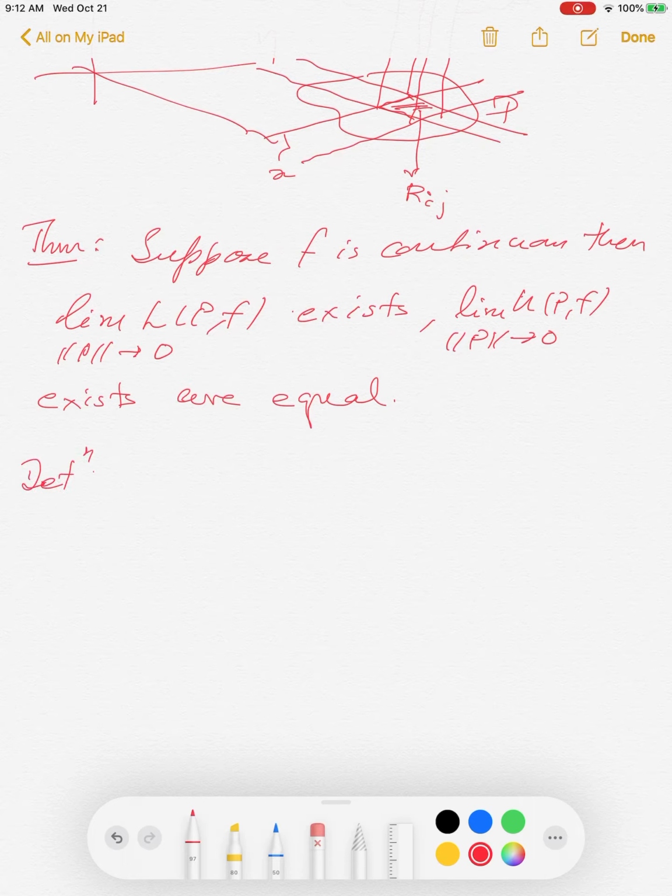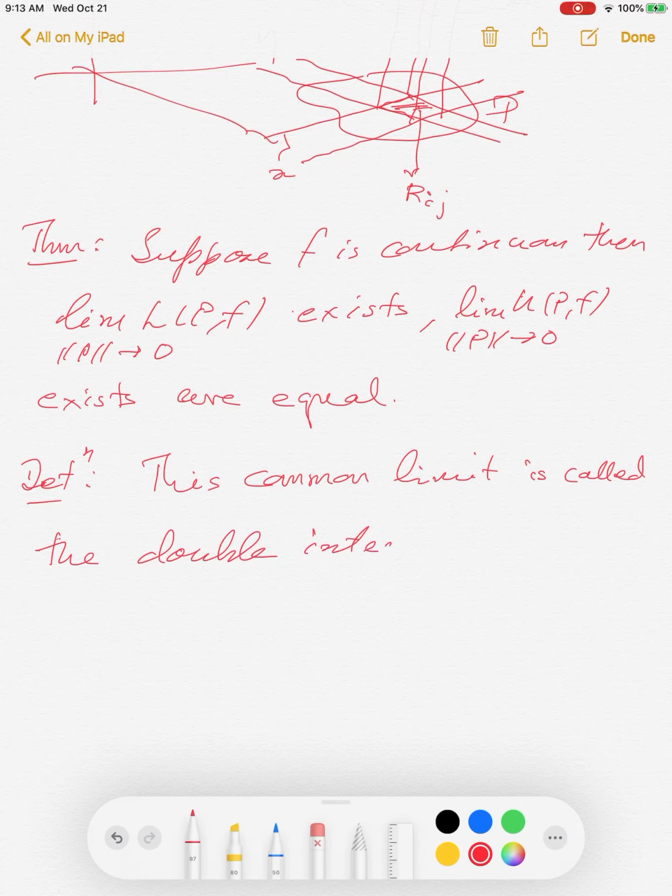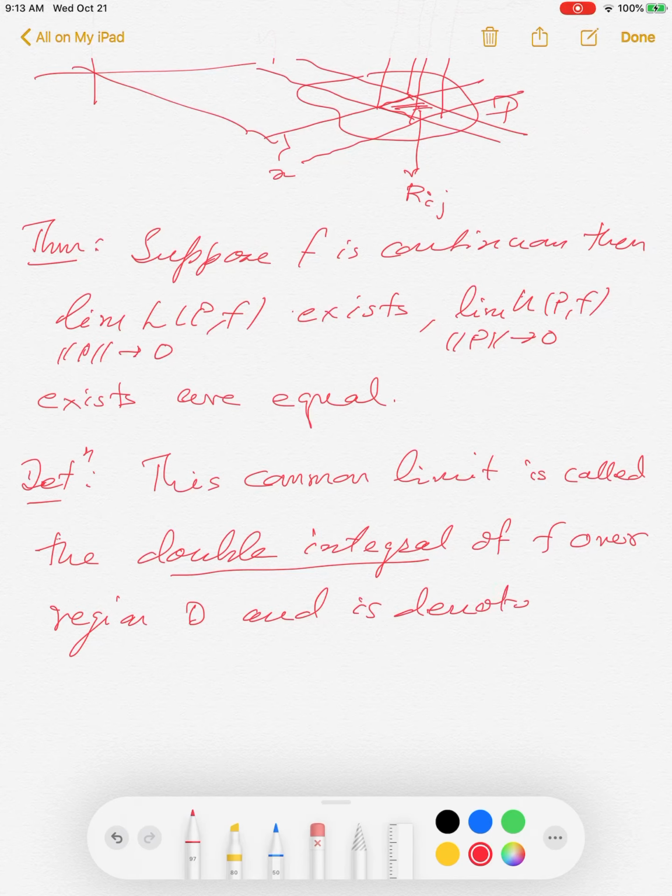So the definition: this common limit is called the double integral of f over region D, and is denoted by two integral signs, with a D underneath, and then f of xy dA.